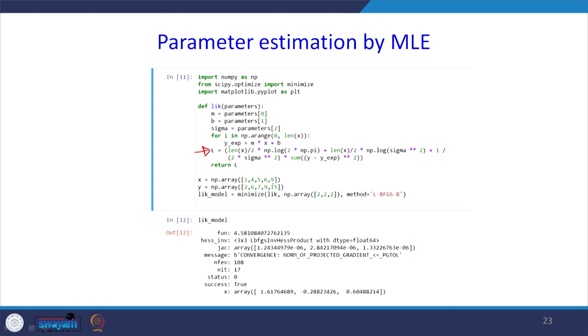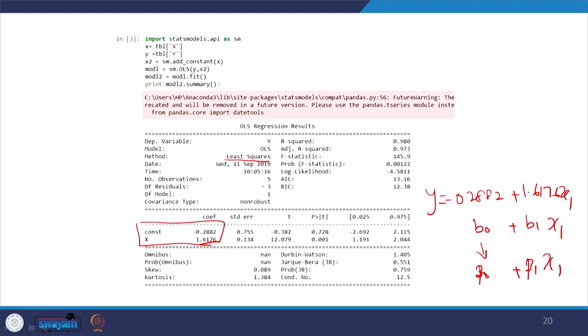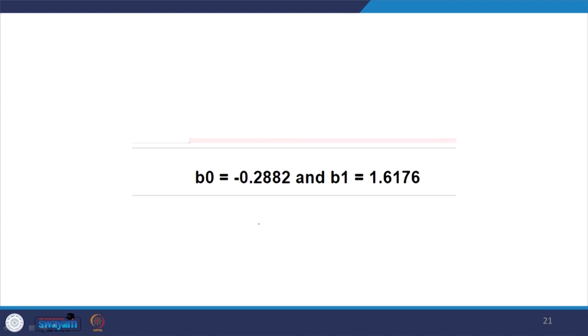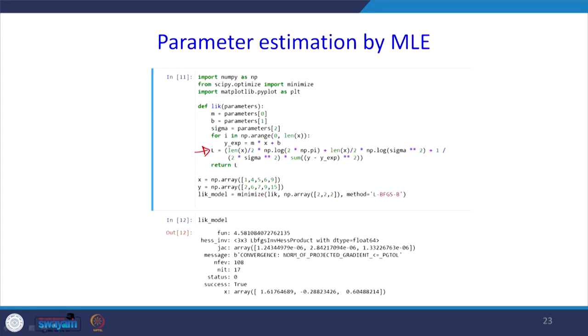This is our x value, taken from here: 1, 4, 5, 6, 9. The y value is 2, 6, 7, 9, 15. Then the like underscore model minimize, this is the function to minimize, with np.array.